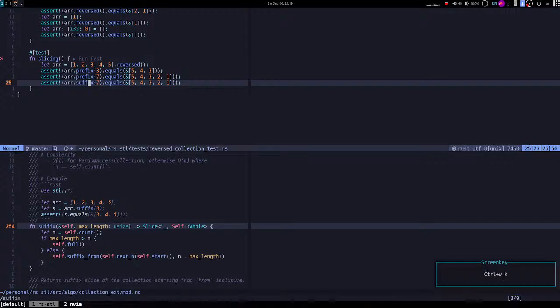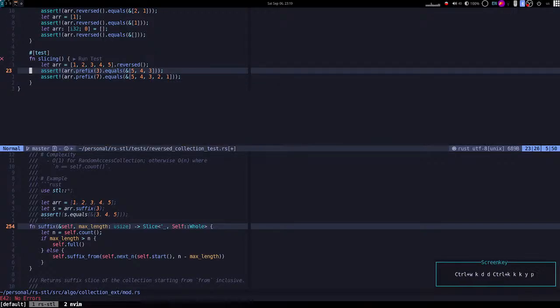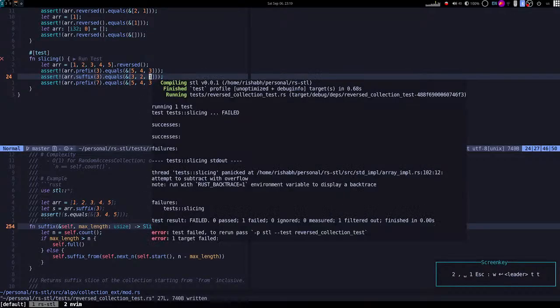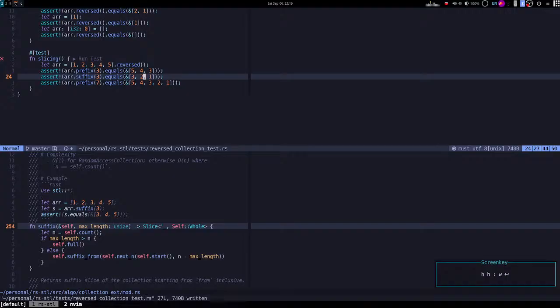Okay, so first let me start with the prefix 3 and suffix 3, and it should be 3 2 1. Okay, subtract with overflow. So suffix is not working at all, right? So let's see. Max length 3.